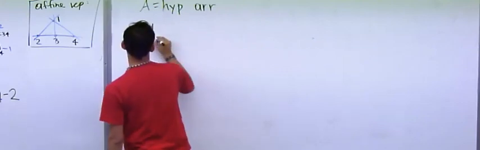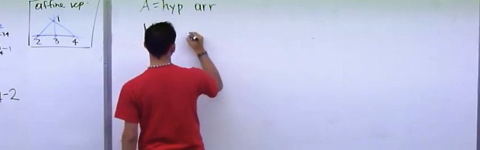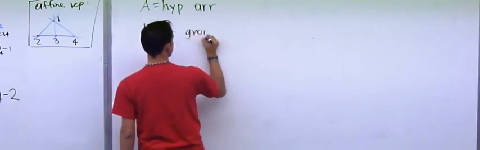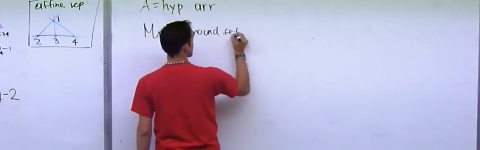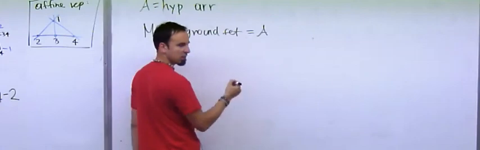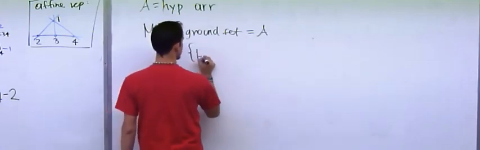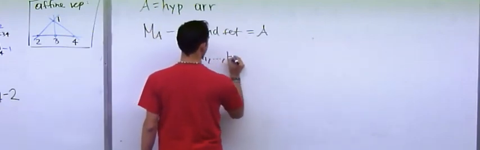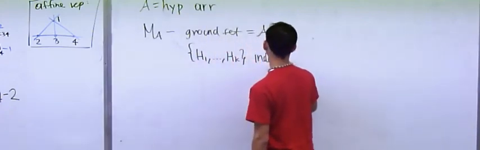And we said that this defines a matroid where the ground set is A, and so you have to define dependence. And we said that you can define that a bunch of hyperplanes are independent.